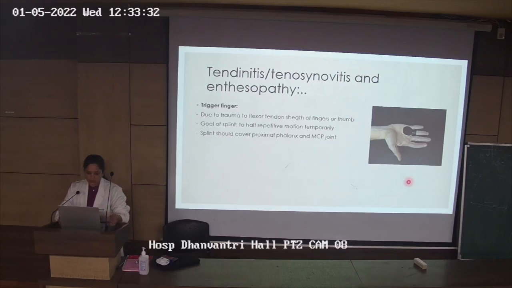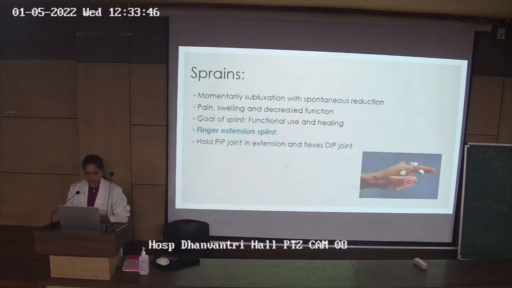The goal of the splint is to hold the repetitive motion temporarily. The splint should cover the proximal phalanx and MCP joint to avoid the fixation of the flexor tendon sheath to the tendon. Then the sprains, momentary subluxation with spontaneous reduction, or pain, swelling or decreased function. The goal of these splints is functional use and healing.